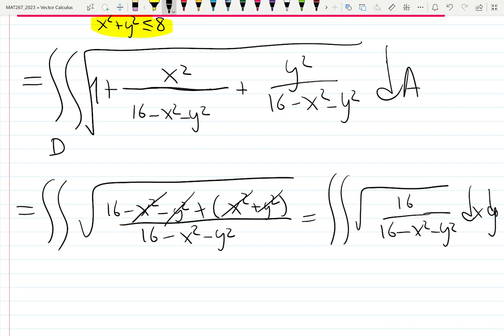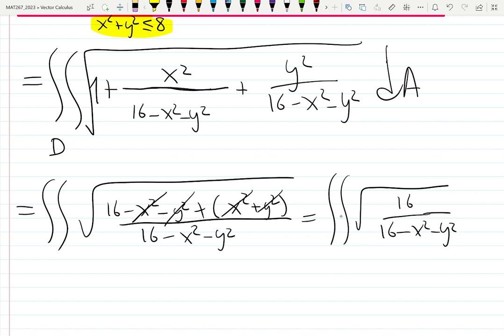You can do dx dy, and you will do dx from minus square root to square root, dy from minus square root of 8 to square root of 8. That is because the radius is square root of 8. You can do that. Or you can do polar. You choose dr d theta. So that's why we gave you so many, so you can actually make a choice here.